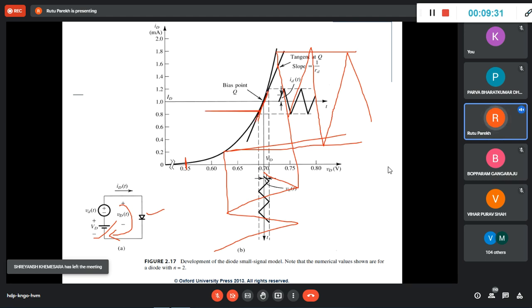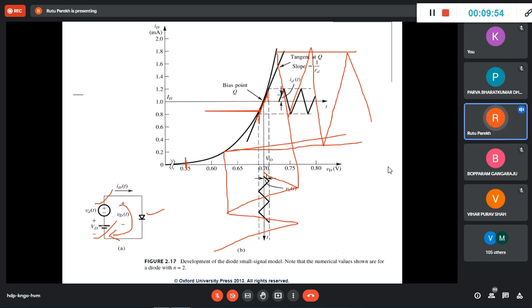Where this is falling, the slope has to be almost the same. Then you will get your ID varying as per your voltage. So that's the goal.